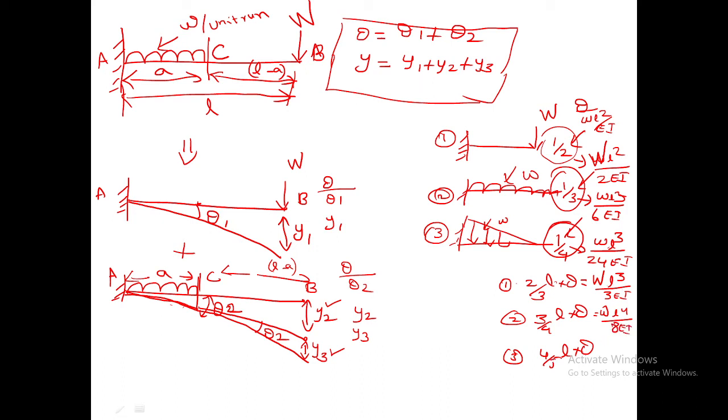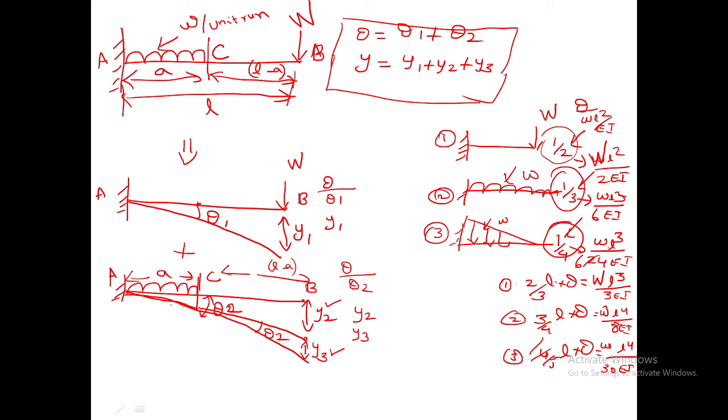Next, small w L power 4 divided by 30 EI, since 6 into 5 is 30 EI.